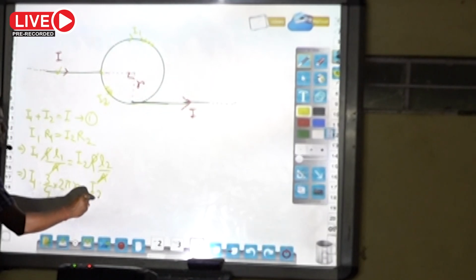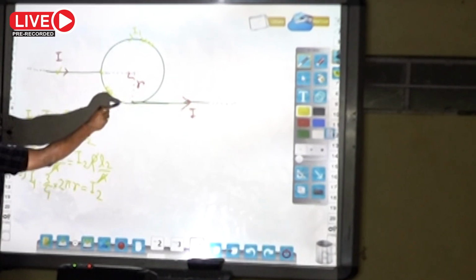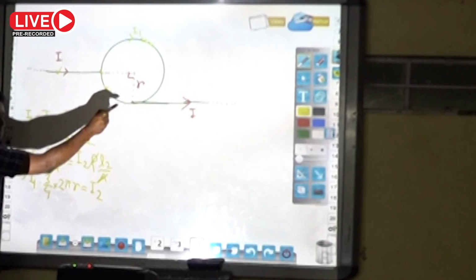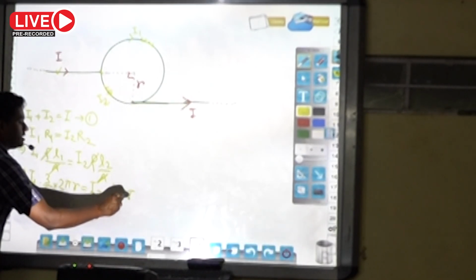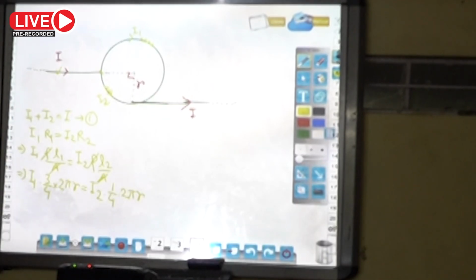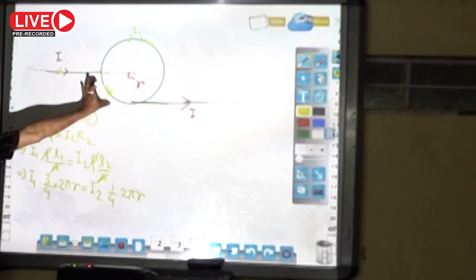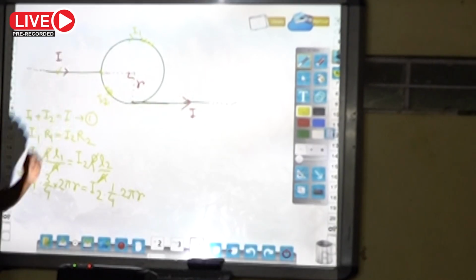Then I2 equal to L2. L2 means 1/4 of the circumference, so that is 1/4 into 2 pi r, this portion of the wire.